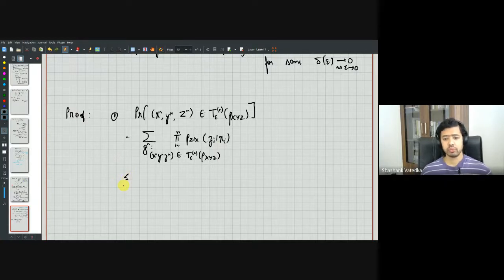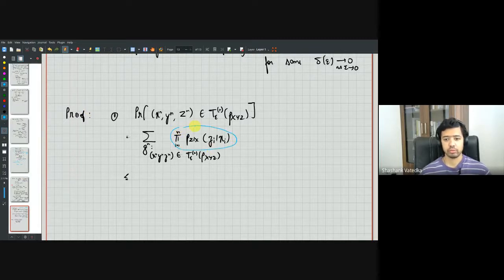For this, we'll first use the fact that we're summing over only elements which are in the typical set, and we're drawing Zn from the probability Pz given x. So here we have sequences in the conditional typical set.